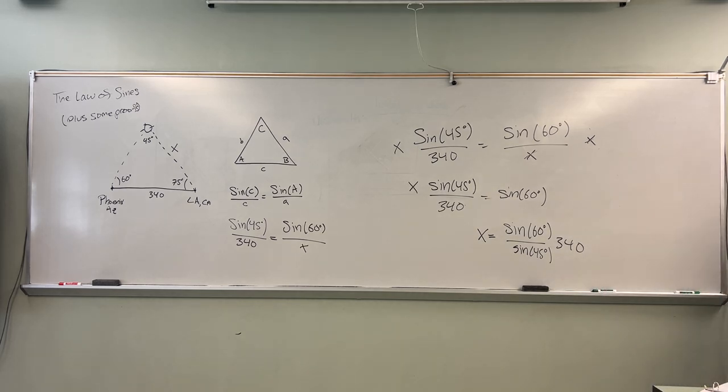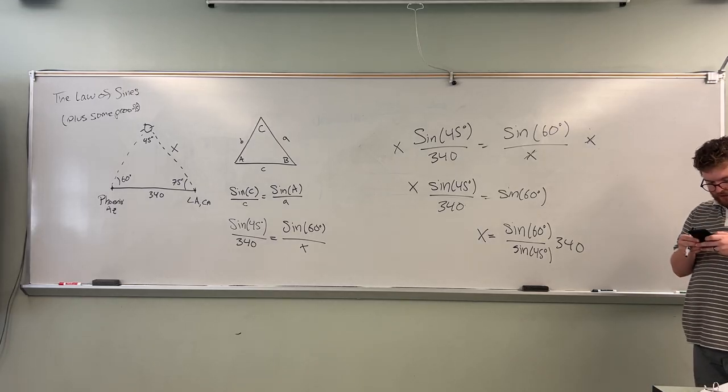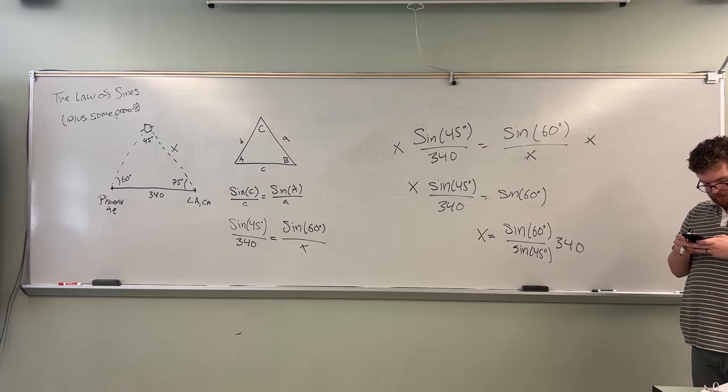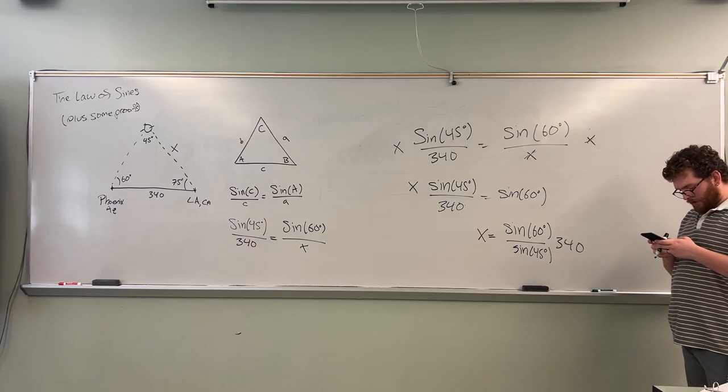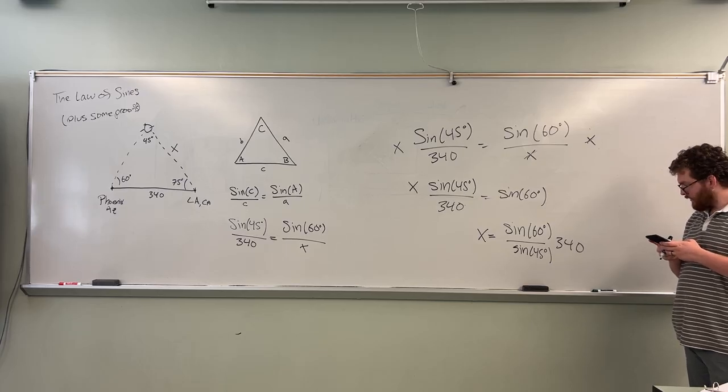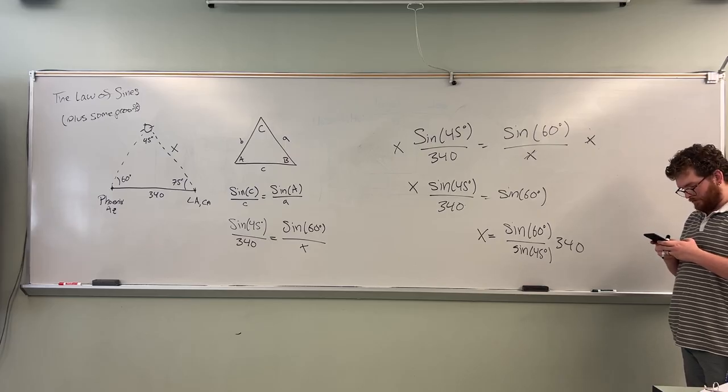Grab my calculator real quick. Make sure I'm in degrees. I'm in radians, I need to change that. I've got sine of 60 divided by sine of 45, and then times 340.